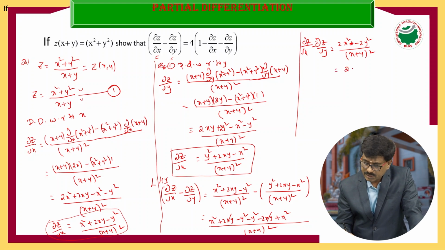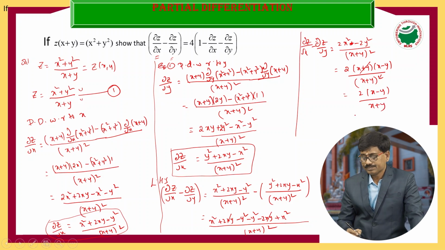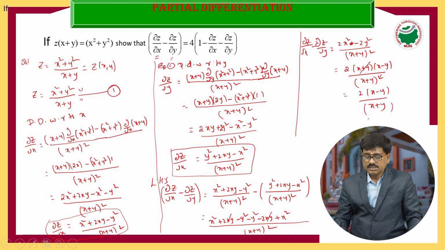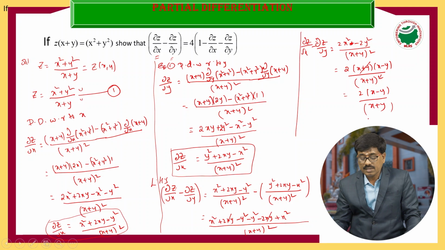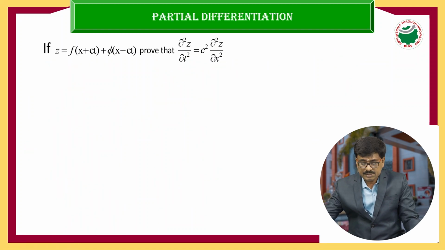If I take the 2 as common, I can write (x plus y) into (x minus y) whole divided by (x plus y) whole square. If I cancel this one, this becomes 2 into (x minus y) by (x plus y). This is the value of LHS.